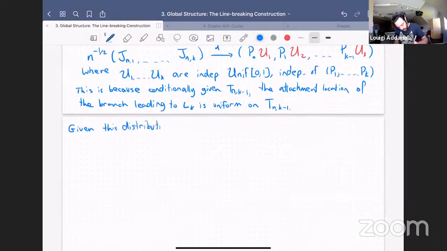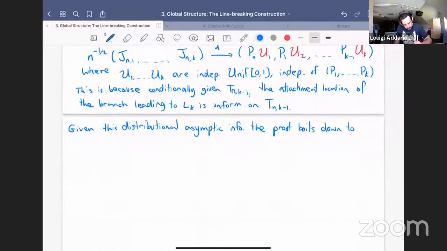So given this asymptotic distributional information, the proof boils down to the following statement.